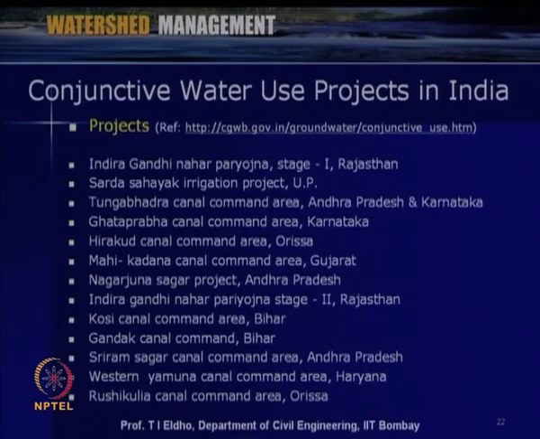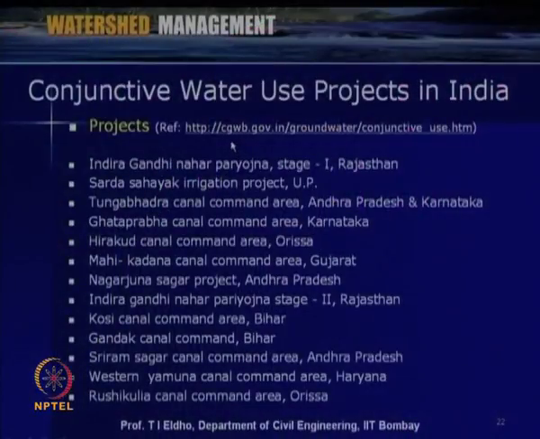Now, as far as India is concerned, a number of conjunctive water use projects have been implemented at various locations. The Central Groundwater Board and Central Water Commission monitor these projects, and a lot of funding is also given for them. Some of the important projects are listed here, and their details are available on the Central Groundwater Board website.